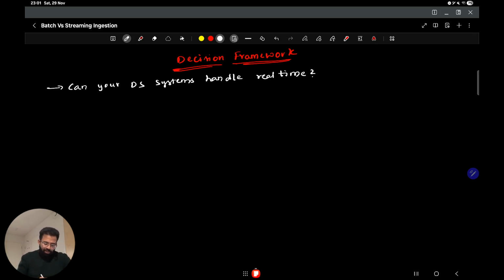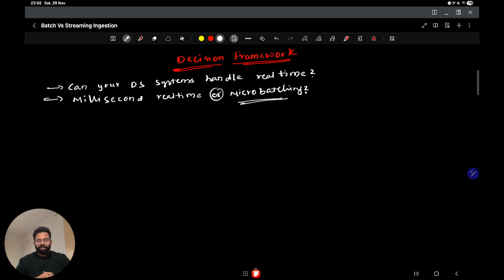And the second most key consideration is: do you need millisecond real-time events, or is micro batching usually enough? Most people ignore the fact that micro batching actually exists.